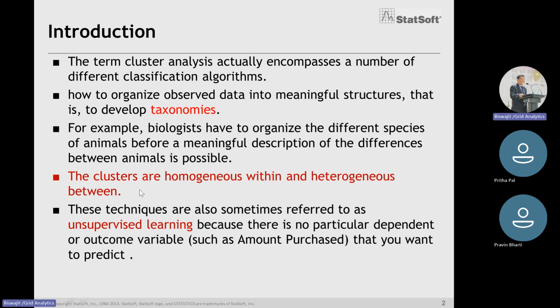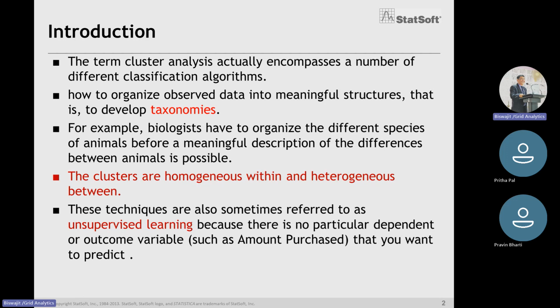What is broadly the purpose of the cluster analysis? The purpose is to structure the homogeneity or the similarities within the groups, right?